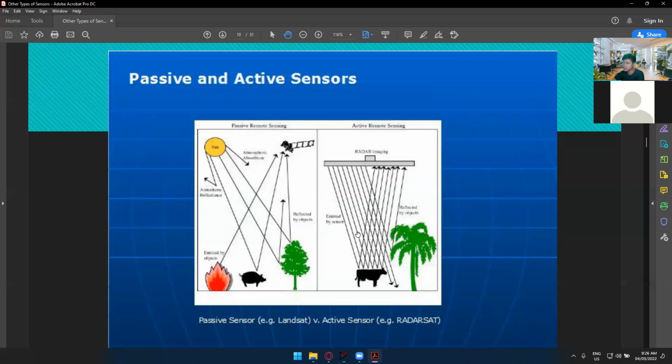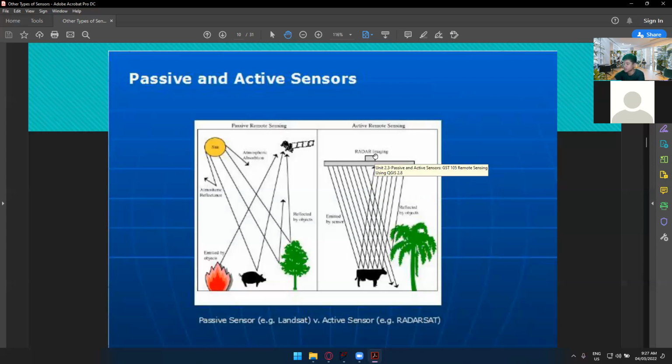So I read in some articles that passive sensors are not accurate, and at the same time they are very cheap. While the active sensor is a little bit more accurate, but at the same time, of course, a lot more expensive because it's using more sensors probably, more advanced technology, or more components in it.